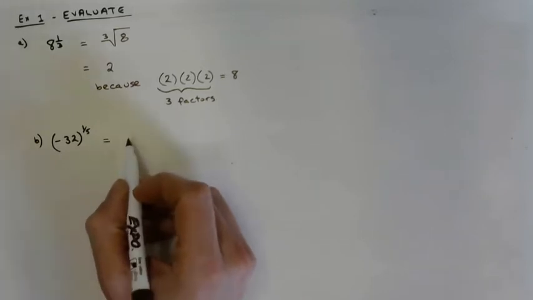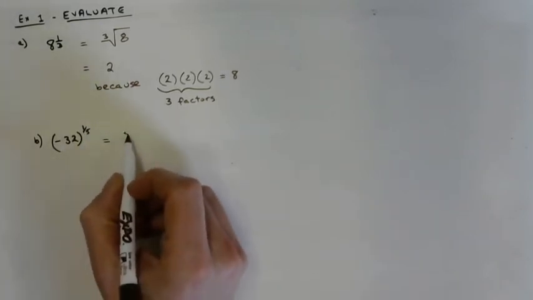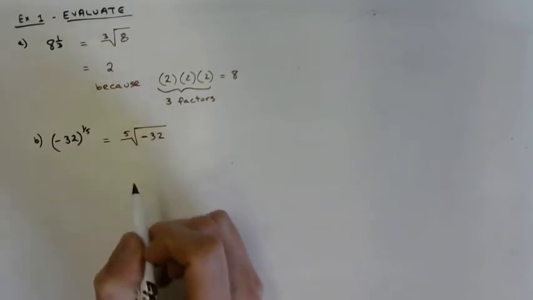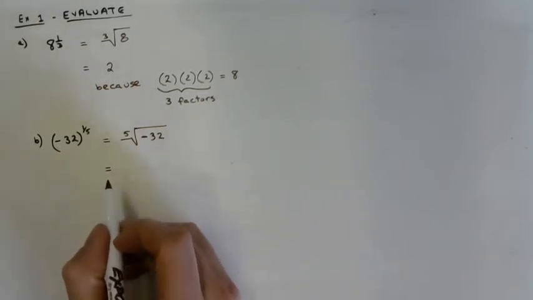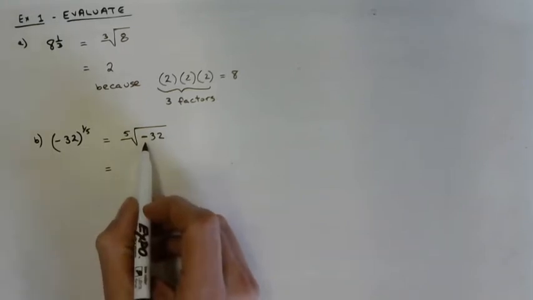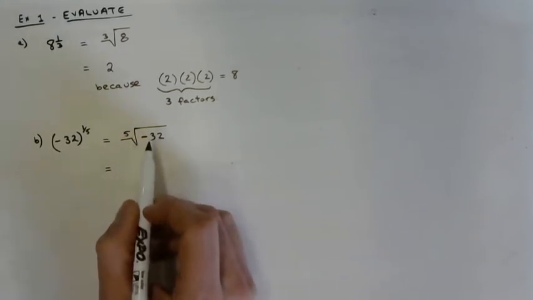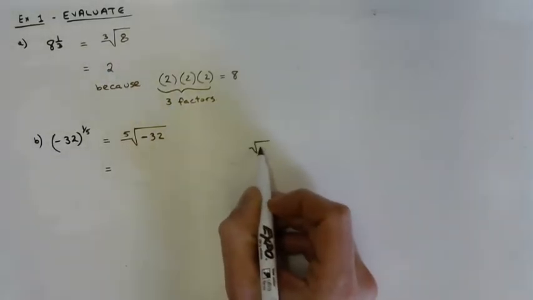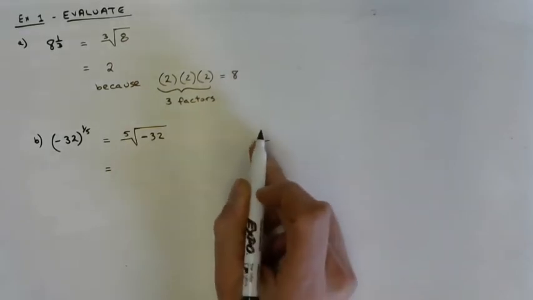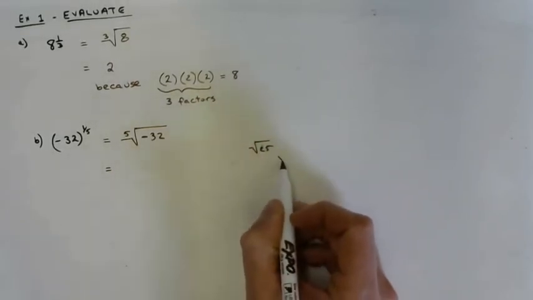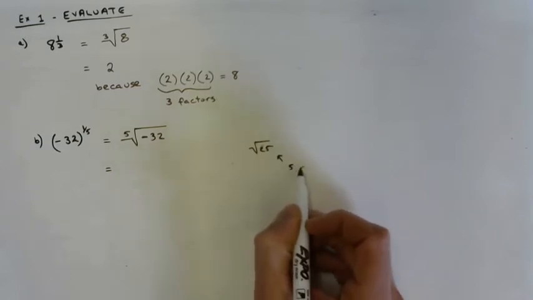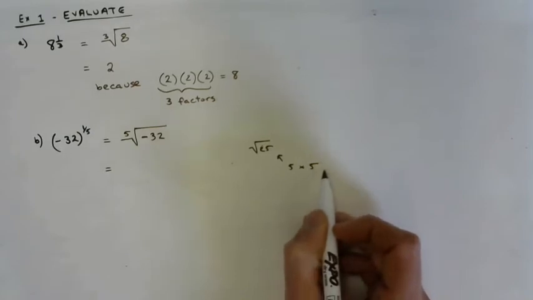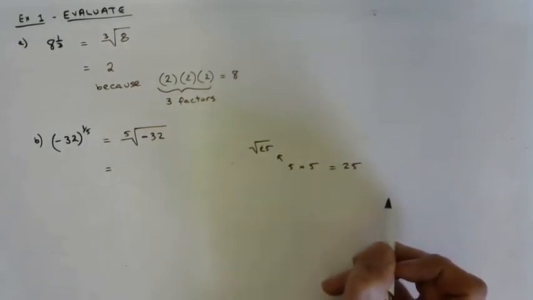So first we're going to backtrack and rewrite this as a root. It's the 5th root of negative 32. But you can't have the square root of a negative number. If you're looking for a square root of something, let's say 25, you're looking for the number that if you multiply it by itself, with 2 repeated factors, you'll get 25.